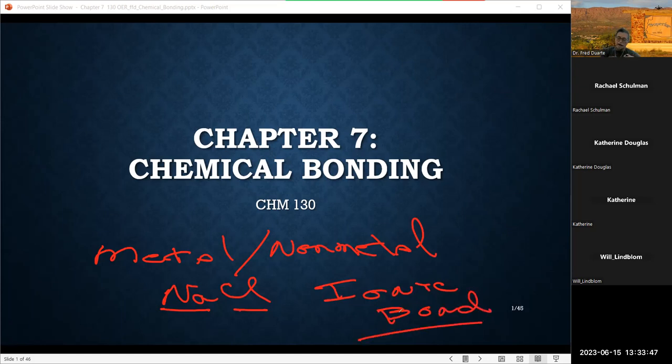The aspect about an ionic bond is that the two species involved each have a full charge, a full positive and a full negative charge. They're attracted to each other because of the differences in charge, just like two magnets coming together.